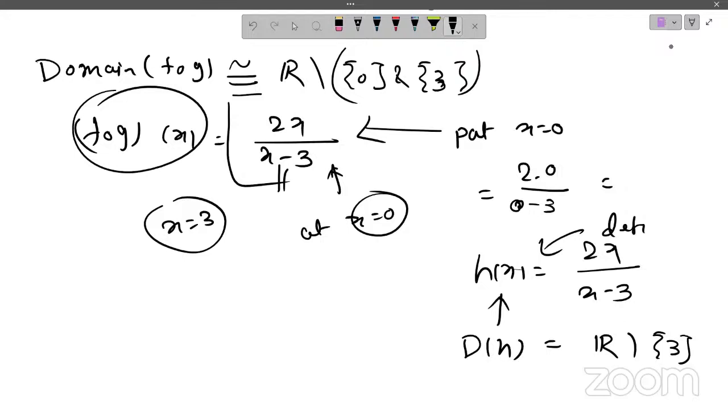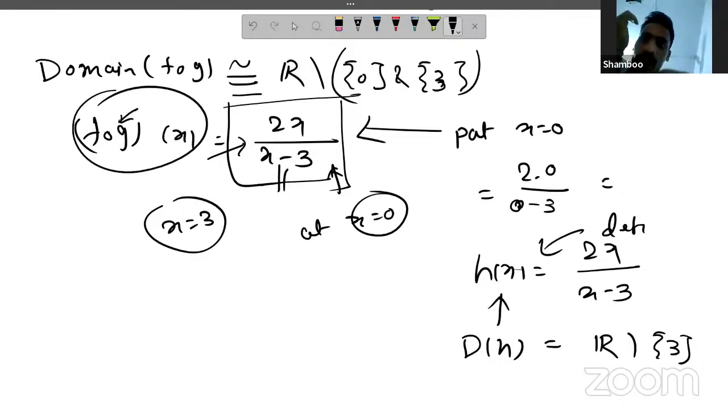This is another way, but sometimes it may happen that this condition will also give some extra points where our function is not defined, but still f composite g will be defined. So whenever you have to find the domain of f composite g, don't just go through the expression itself. There are some points where g is not defined, but the expression will make sense.